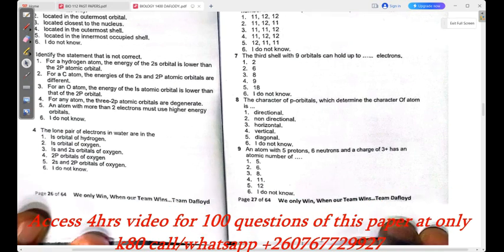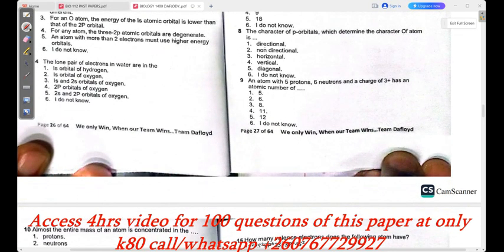Then question 8. Question 8 reads, the character of p orbitals which determine the character of atom is. So the p orbitals has got planes. It has got the px, the py, and the pz, like the x or y plane.